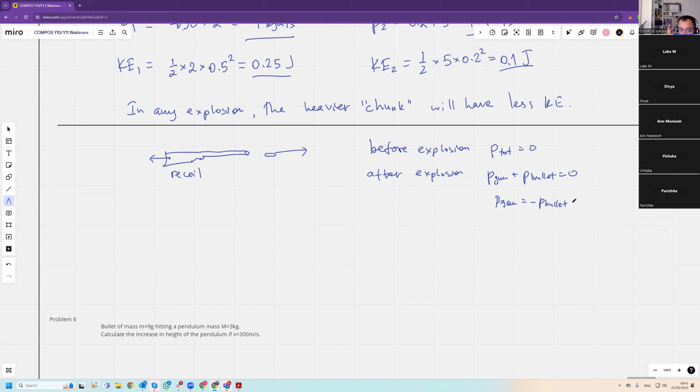However, because the rifle is much heavier, it has a much smaller kinetic energy. Kinetic energy of the rifle is much smaller than the kinetic energy of the bullet. I don't want to spend time proving that.